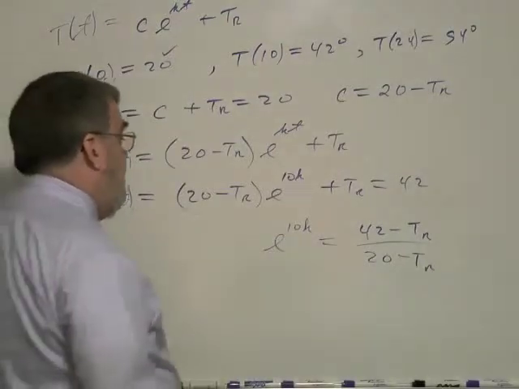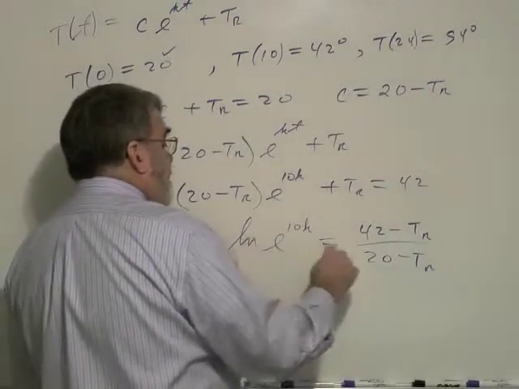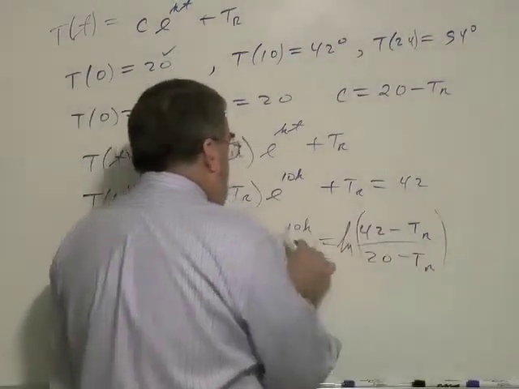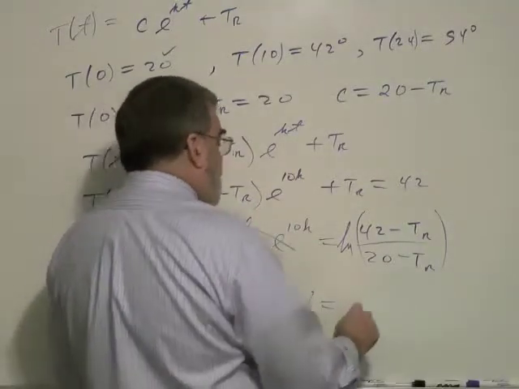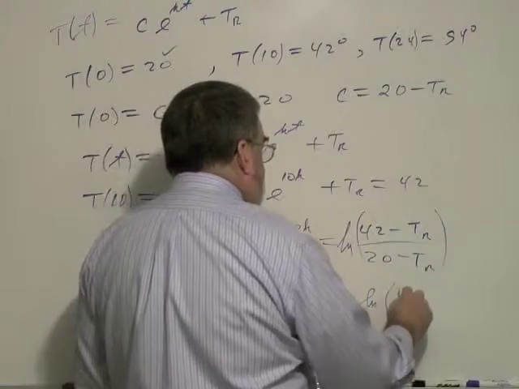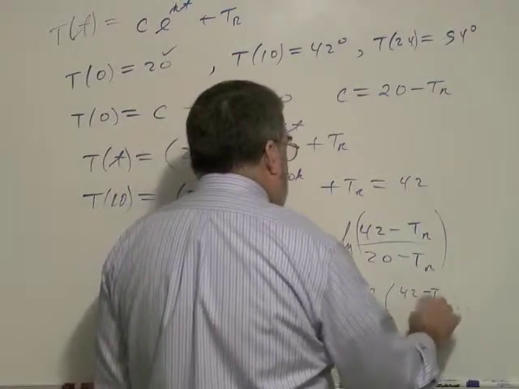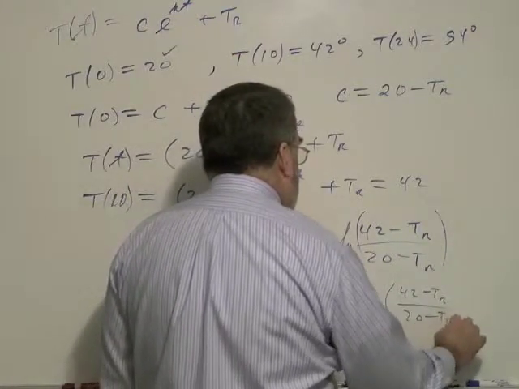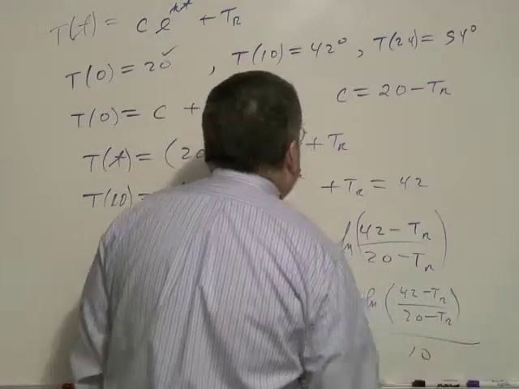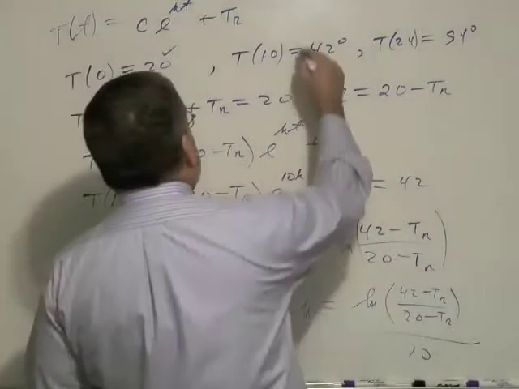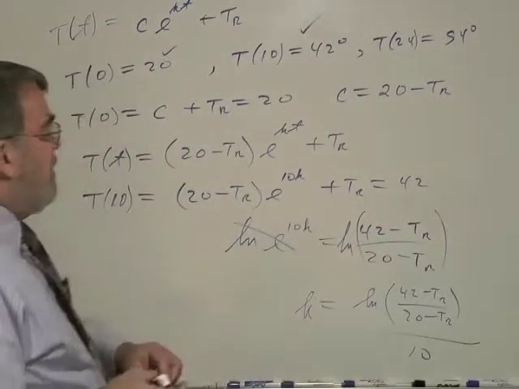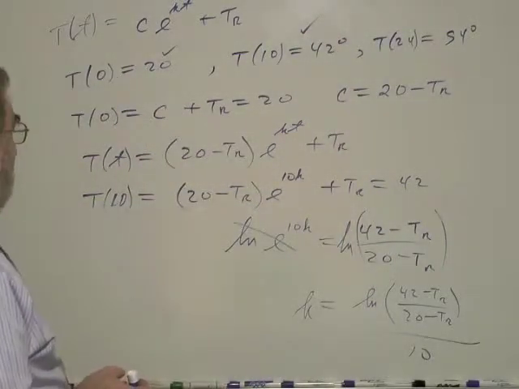And now to get k, we'll take the log of both sides and divide by 10. So k is the natural log of (42 minus Tr over 20 minus Tr), all divided by 10. Well, that takes care of that piece of information. So it's getting pretty messy here.